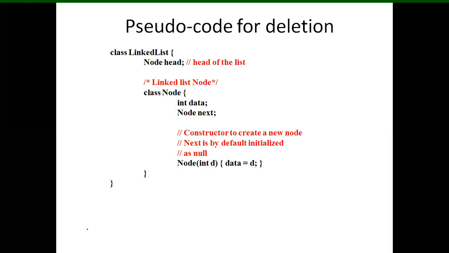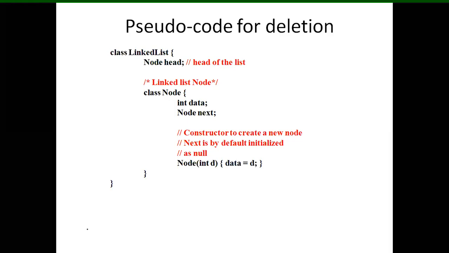If you have entered the data as 1, node 1 is created with the value 1. Now the address field: initially, by default, it is assigned null. When you link this particular node to some other, the null will automatically be overridden.